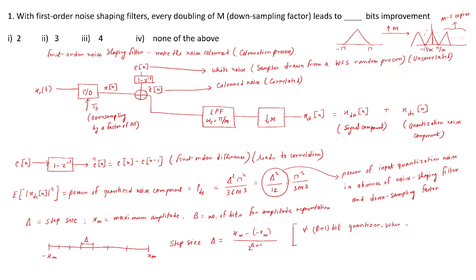Where 1 bit is used for sign representation, that is +1 or -1, and B bits for amplitude representation.